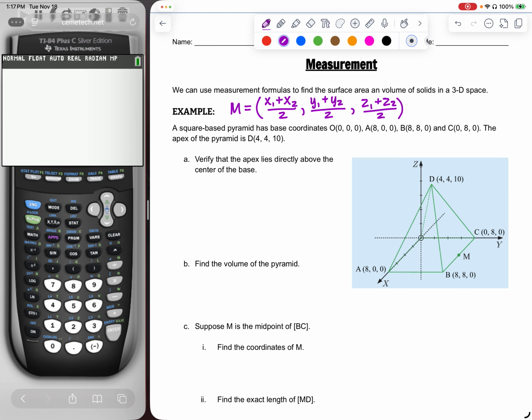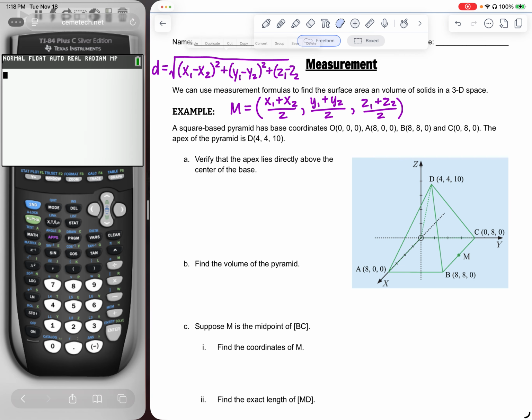We also know that the distance formula of a 3D figure is that the distance is equal to the square root of x1 minus x2 squared plus y1 minus y2 squared plus z1 minus z2 squared. So we need to keep these formulas in mind when we work through these questions. These are the two formulas that you need to write and keep in mind throughout this lesson.